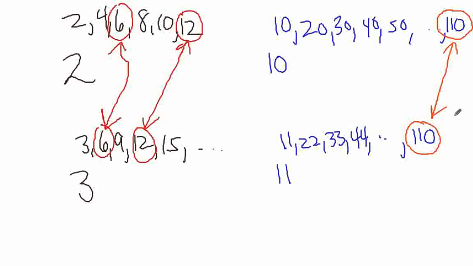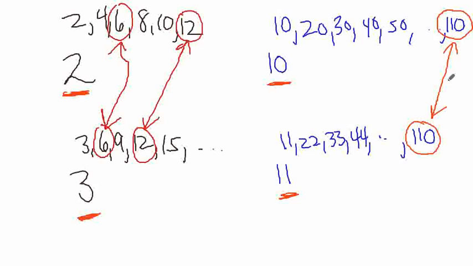In fact, the answer to both of my examples was the product. The first two numbers I used were 2 and 3. If you multiply those together, then you get 6 for the least common multiple. For 10 and 11, if you multiply those together, then that's 110, which turned out to be the least common multiple for that one.